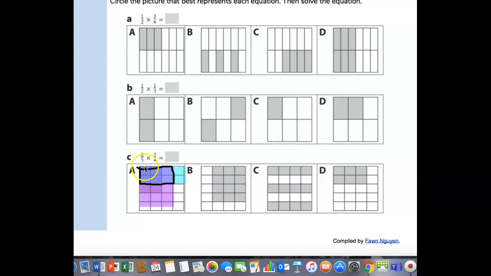6. All they did was have the 6 go this way. It's just easier to do it this way, but I think they were trying to trick you a little bit, and what they did is turned the box. But it's still 6 out of 20.